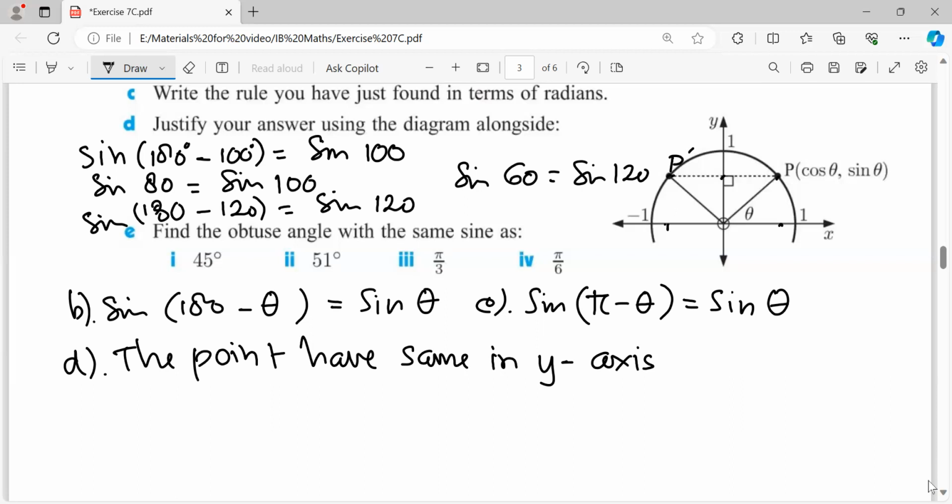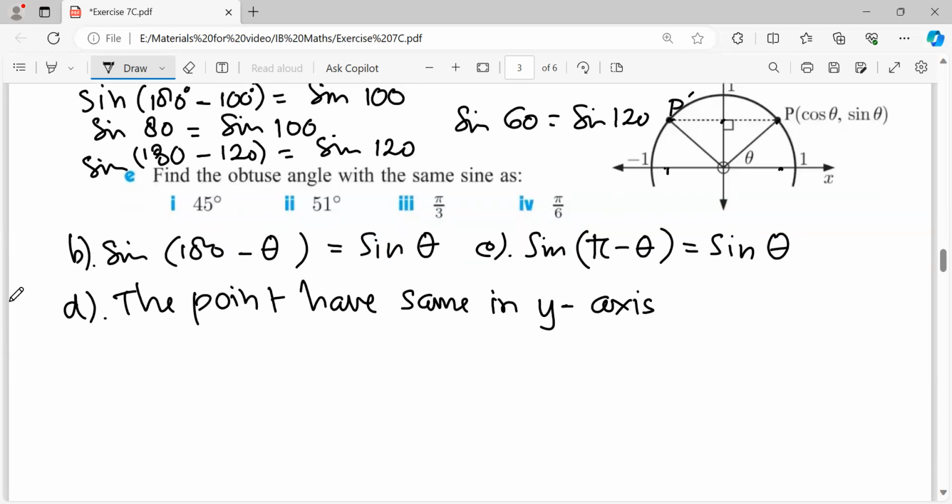Next, E. Find the obtuse angle with the same sine. Okay, E. I'm gonna find the solutions for E1, E2 and E3, because if you understand how to find one, you can find the others as well.